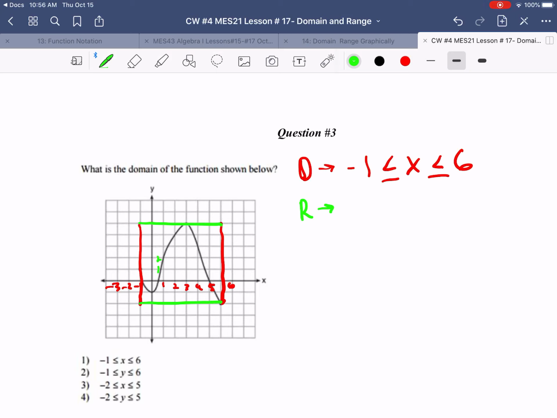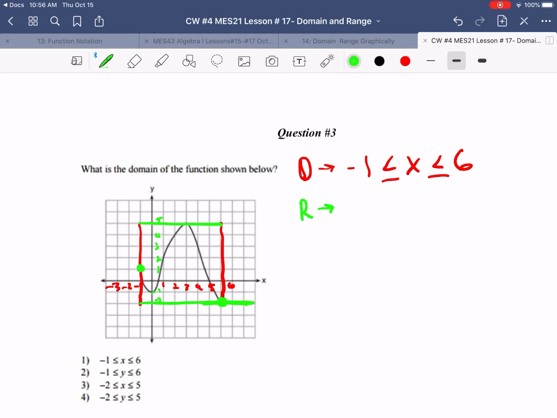So 1, 2, 3, 4, 5, -1, -2. So the green lines, the reason I use that is because the function ends here on this side and ends here on this side. So this is the lowest that the function goes on the y-axis.